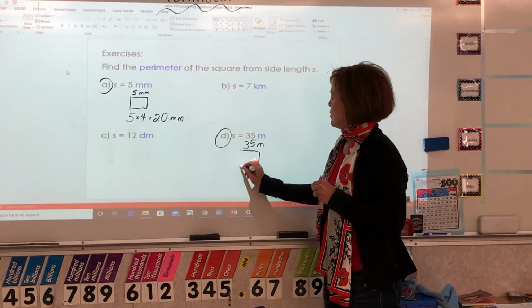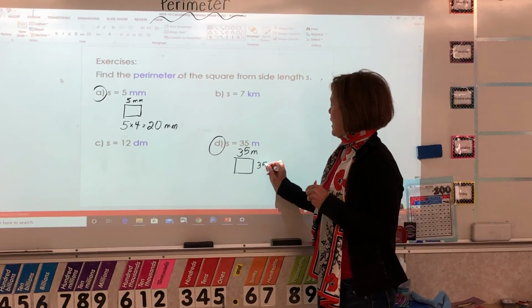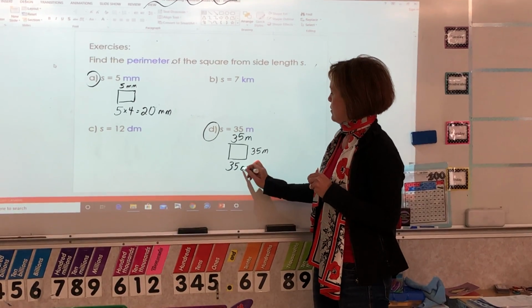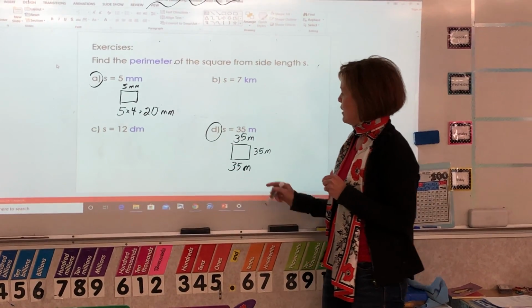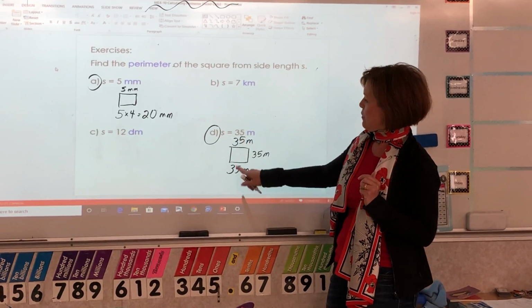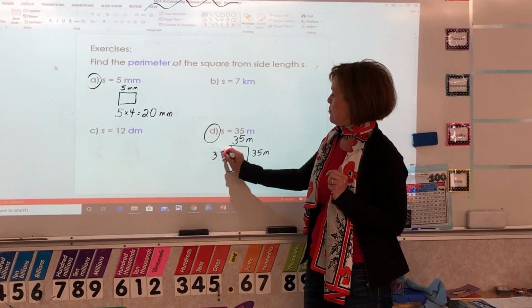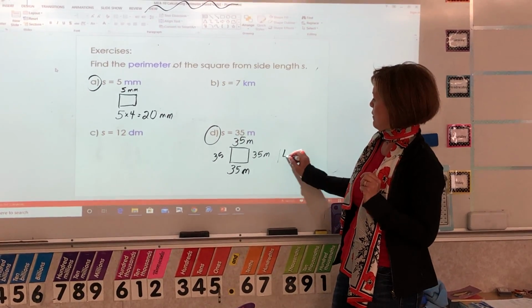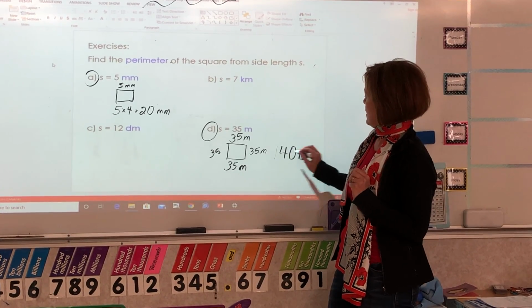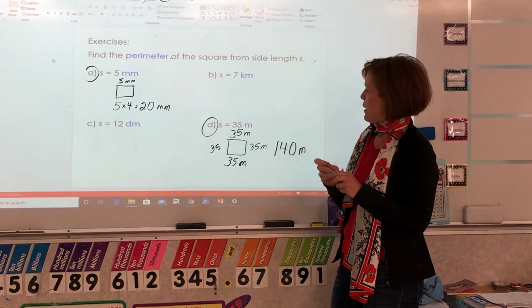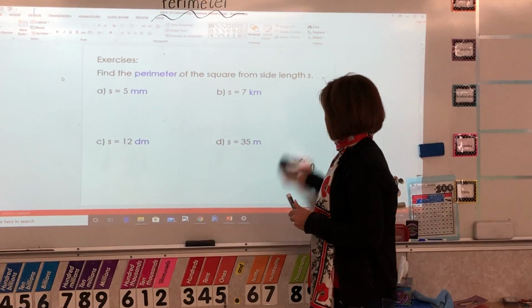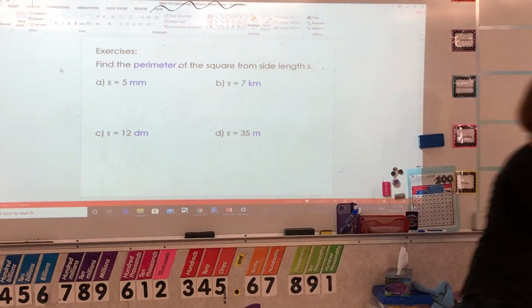Each side is 35 meters because it's a square. And if you went 35 plus 35 plus 35 plus 35, or 35 times 4, I'm just doing mental math and going 35 plus 35 is 70, plus 35 plus 35 is 70, and 70 plus 70 is 140 meters. That is the perimeter of this square. Okay, I hope you're learning all sorts of little tricks in finding perimeter today.